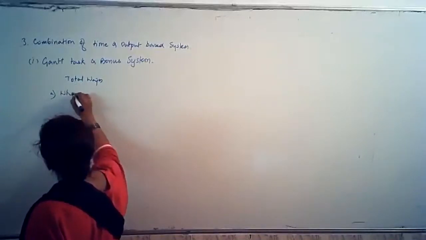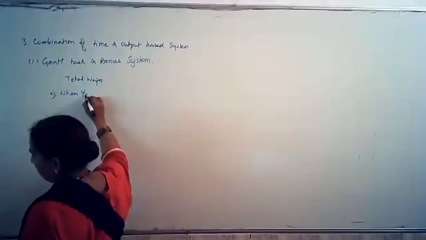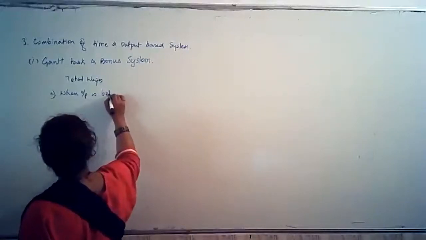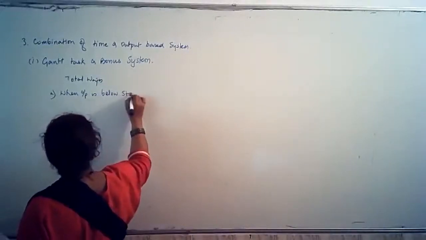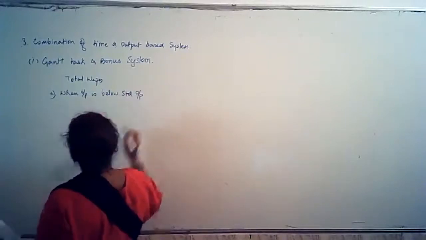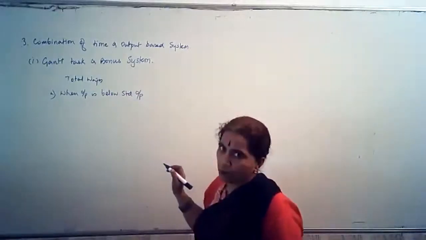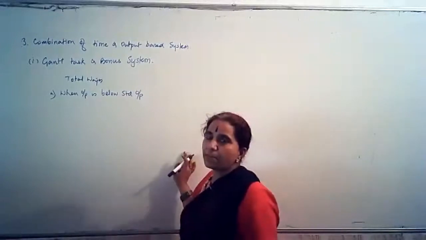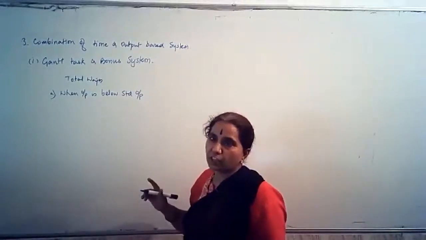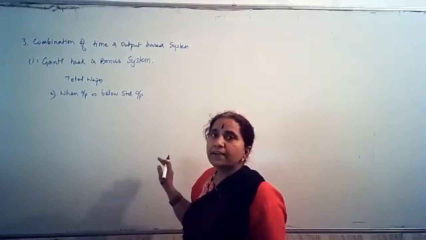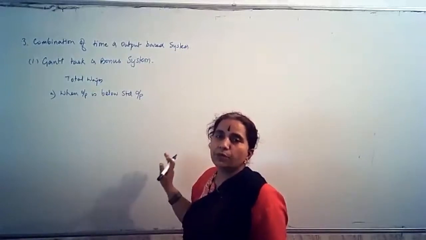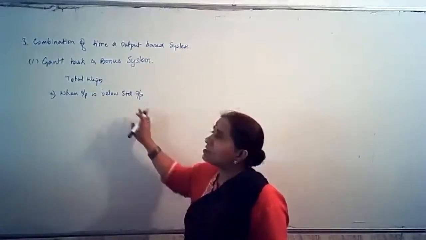So when the output of the employee is below the standard output, let's say he has to work 8 hours, and manufacture 1 unit per hour, the standard is 8 units in 8 hours. So this is the standard.